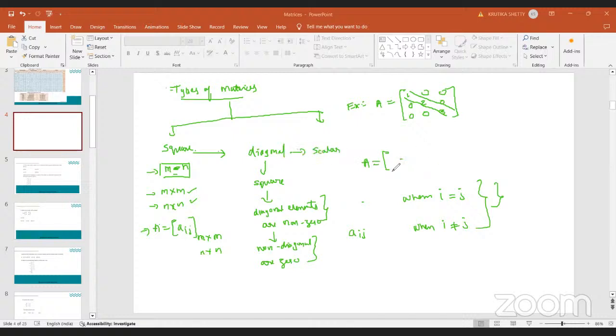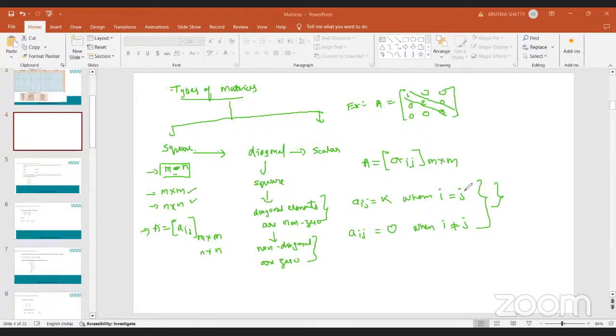A matrix is said to be a scalar matrix. A scalar matrix is also a square matrix. So we write it as A equal to [aij] m cross n. See, aij in a scalar matrix will be equal to a constant, and all the other elements will be equal to 0.